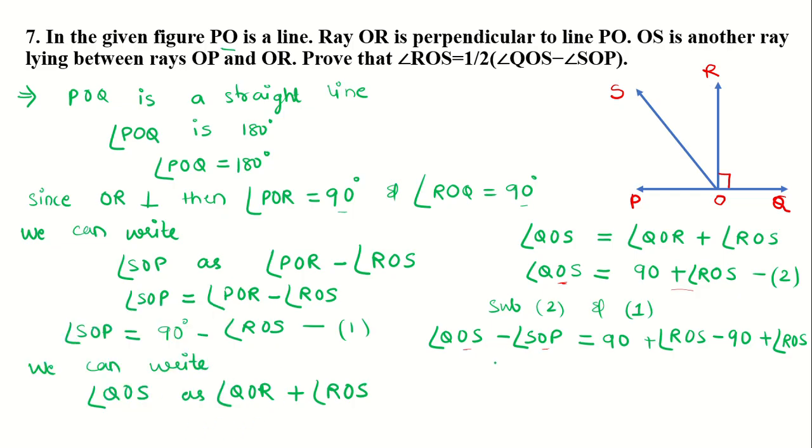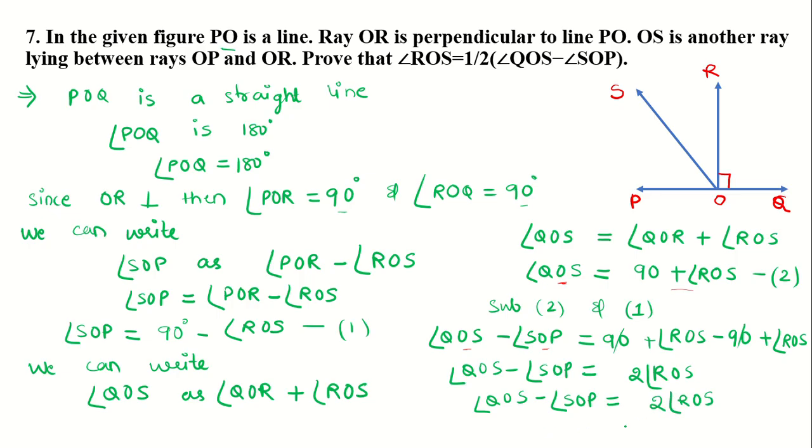Now, as you can see, this plus 90 and minus 90, we can cancel it. So angle QOS minus angle SOP is 2 into angle ROS, as we are having two angles ROS.